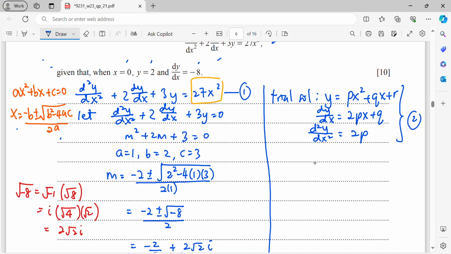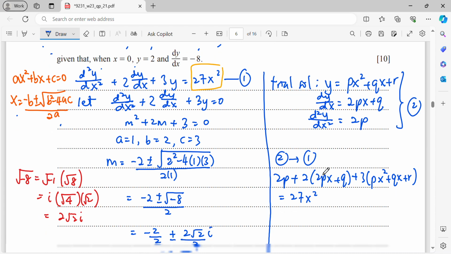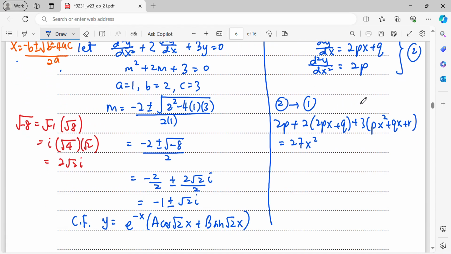So now I substitute the second equation into the first equation. So now the second derivative, 2p, this is my first term, plus 2 dy/dx. So 2 of 2px plus q, and then plus 3y. So plus 3 of the quadratic function, then equals 27x squared. So from here, I will compare the coefficients.